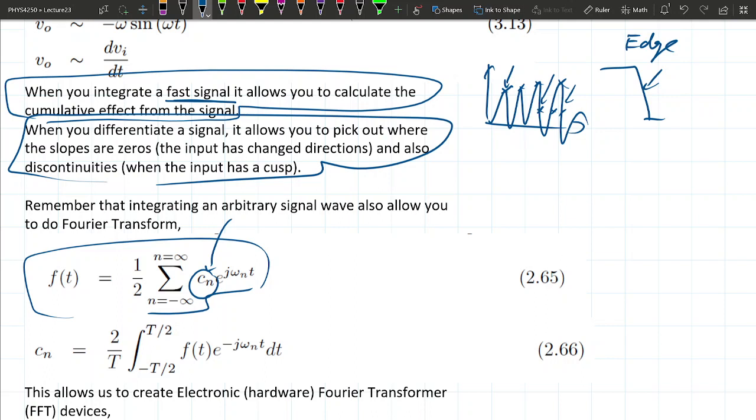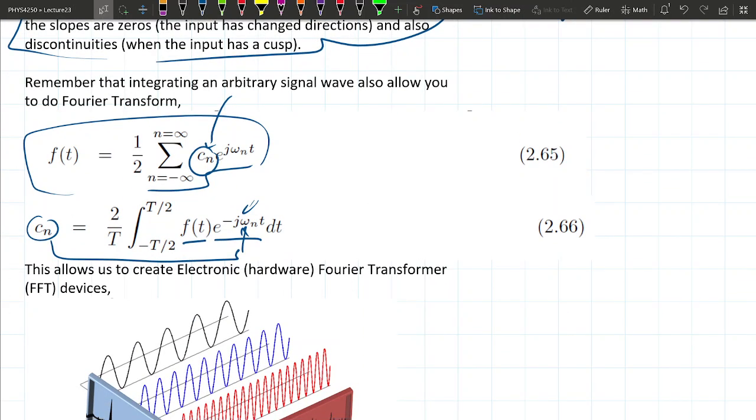This coefficient is your function times just a regular wave with different frequencies, depending on what this Cn is. This is doing a bunch of integration. You multiply those two signals together, and you have to integrate it.